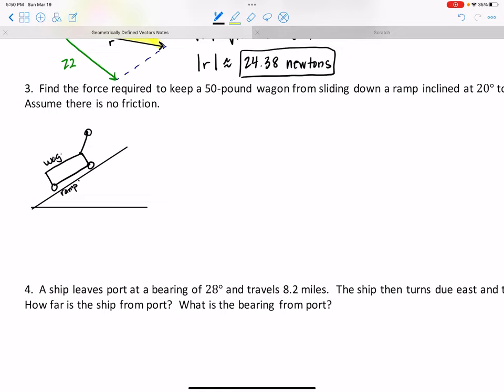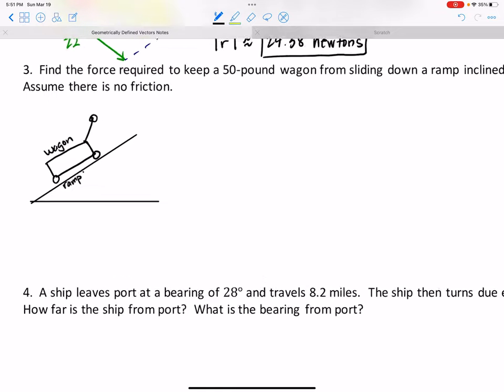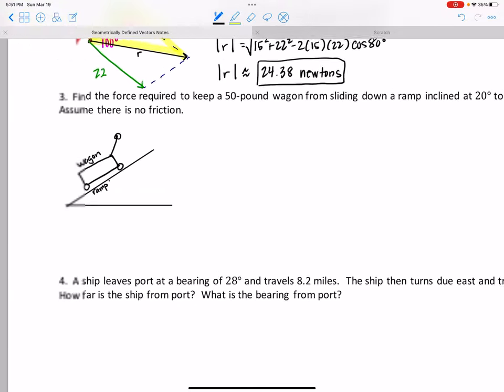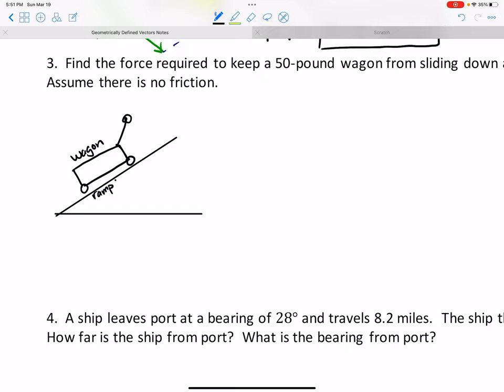It's so sad. That is sitting on this ramp. And it says that the ramp is inclined at 20 degrees to the horizontal. So if this is the ground here, that means the 20-degree incline is happening in between the ground and that ramp. So the question is, what's the force required to keep this 50-pound wagon from sliding down this ramp?